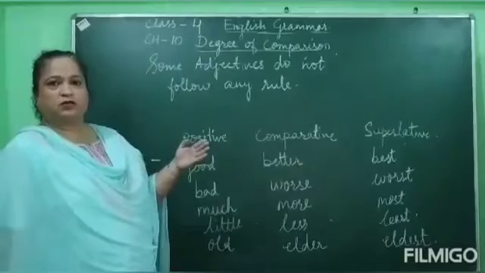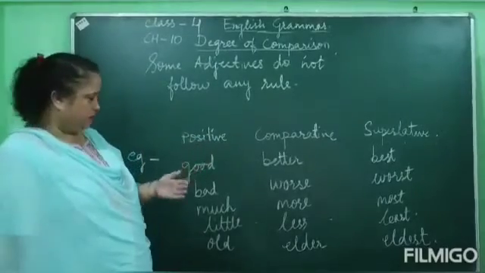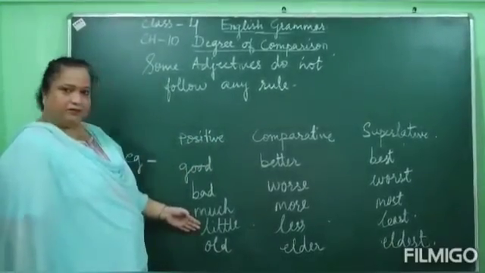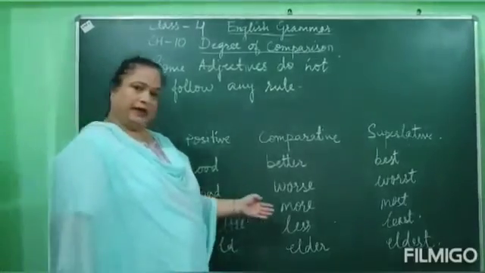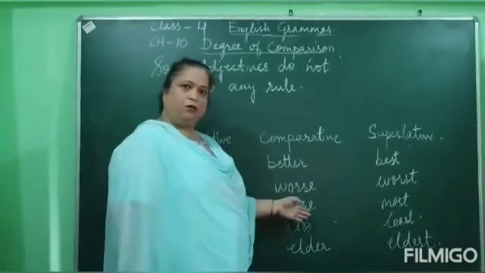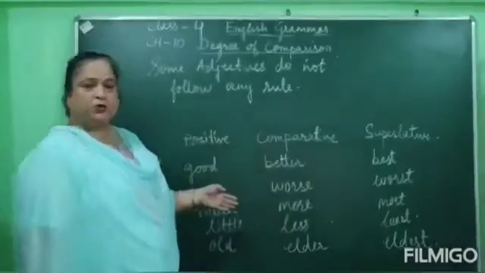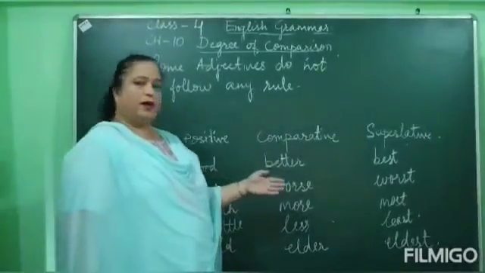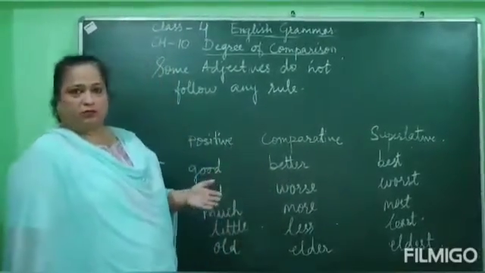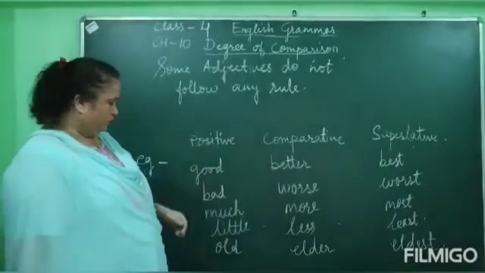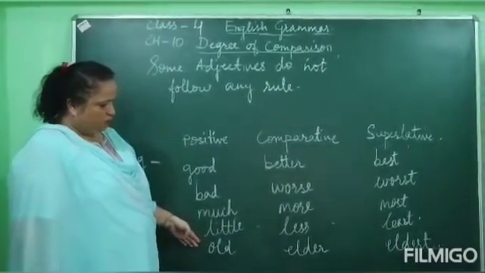I have the most awards or rewards. Then I have a little sugar. I have less, or Raj has less sugar than me, and Mohan has the least amount of sugar or the least sugar.